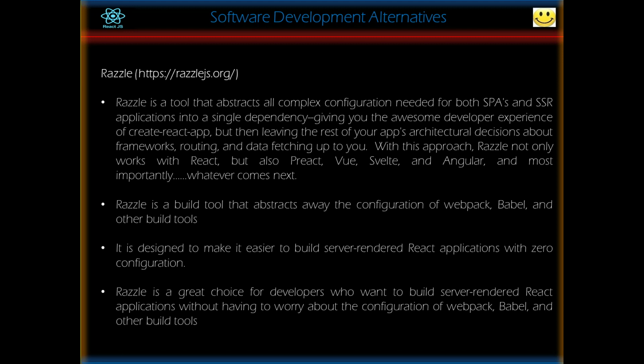Razzle is a build tool that abstracts away the configuration of Webpack, Babel, and other build tools. It is designed to make it easier to build server rendered React application with zero configuration.